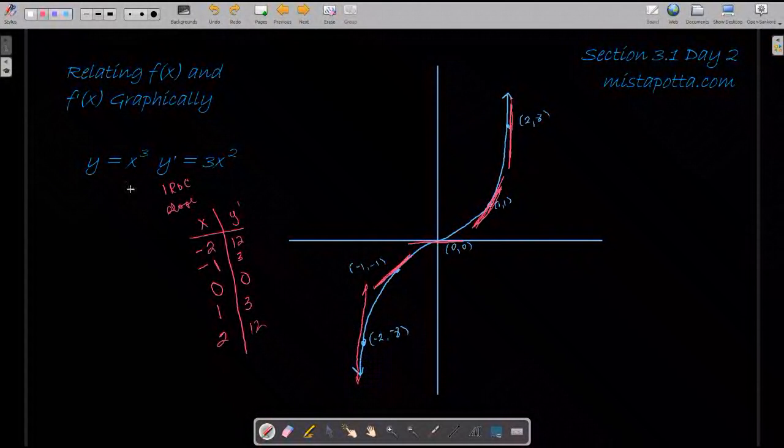So if I'm given a function, it's really easy for me to take a look at how my graph is changing by looking at the behavior of this function as x goes through its different points. Now, we can also do this backwards.